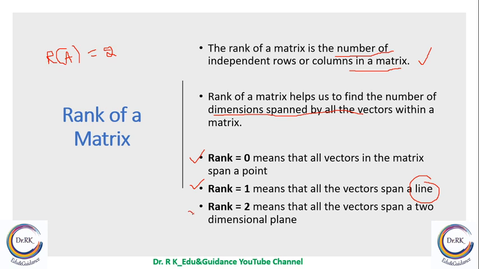If the rank equals 2, all the vectors span a two-dimensional plane, and so on: three-dimensional space, hyperplanes, higher-dimensional spaces, etc. So this is the basic introduction or definition related to the rank of a matrix.